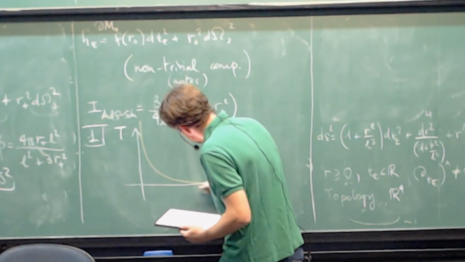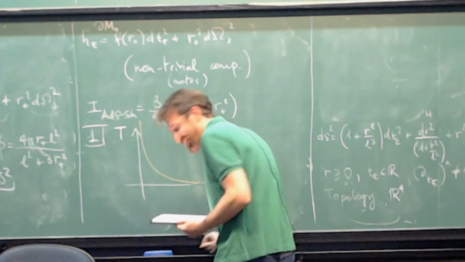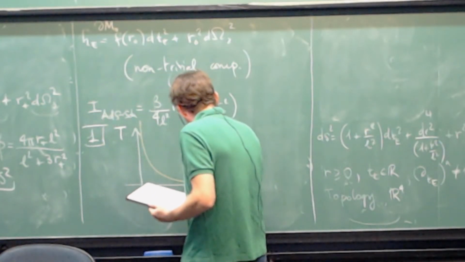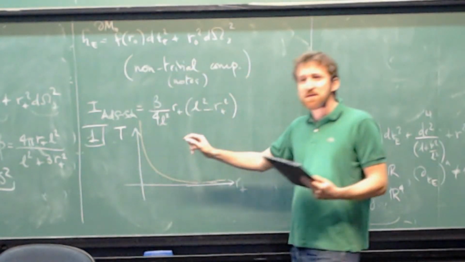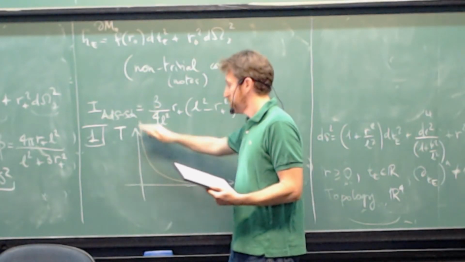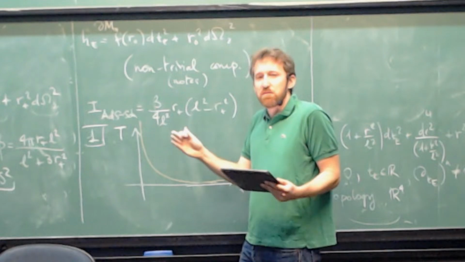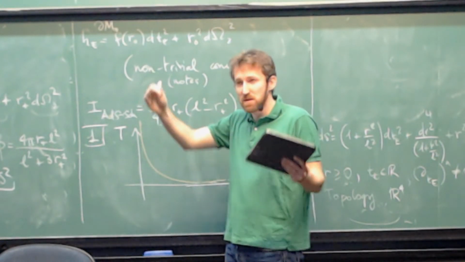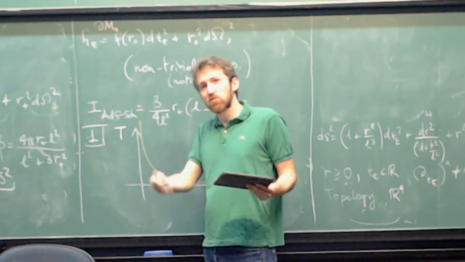So, I mean, it never gets there, right? That's the idea. This means that for any temperature, there exists a black hole. So I can fix any temperature, any beta at infinity, and I will find a black hole with that temperature.